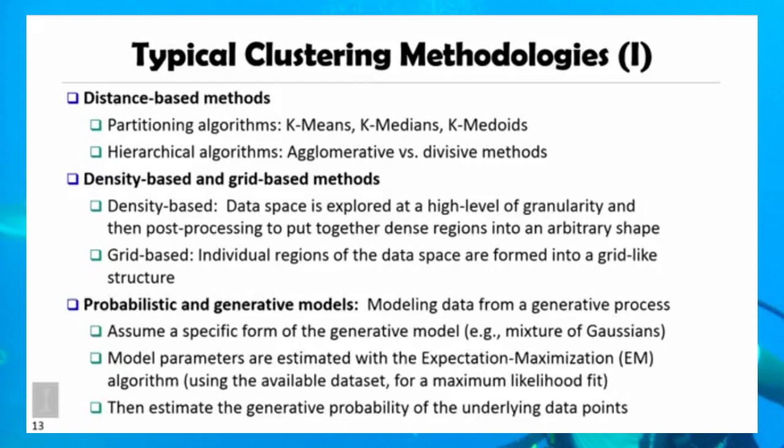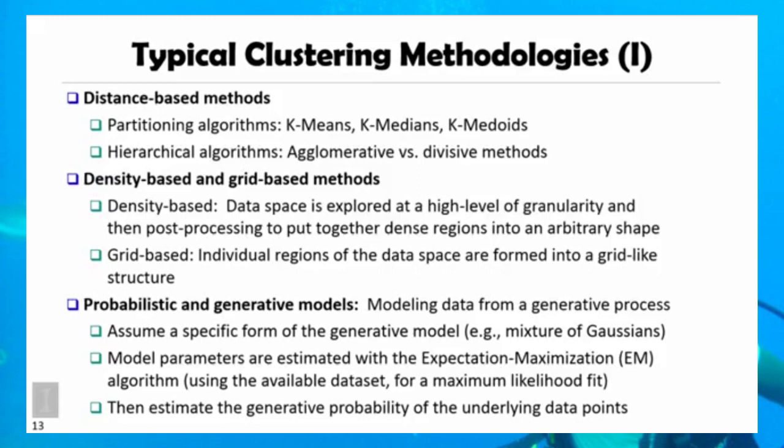That means we can model data from a generative process. We can assume that underneath there is a certain distribution, for example, a mixture of Gaussians. Then with the data, we can think the current points are generated from these underlying generative mechanisms.